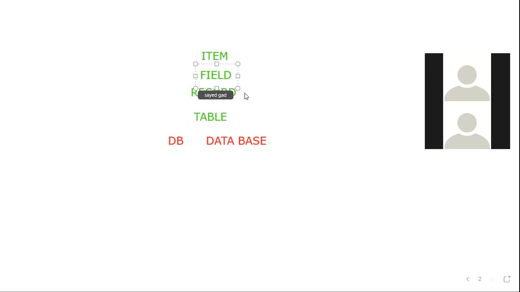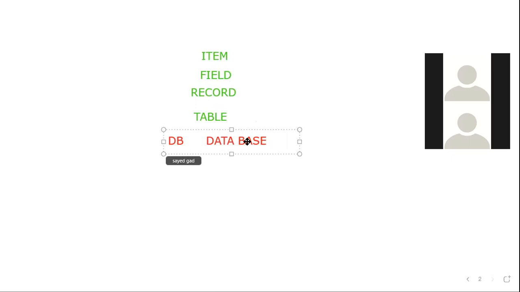If I collect all my fields inside just one row, I will have a record. If I collect all my records together, I will have a table. If I have many tables, that means I will design a database.